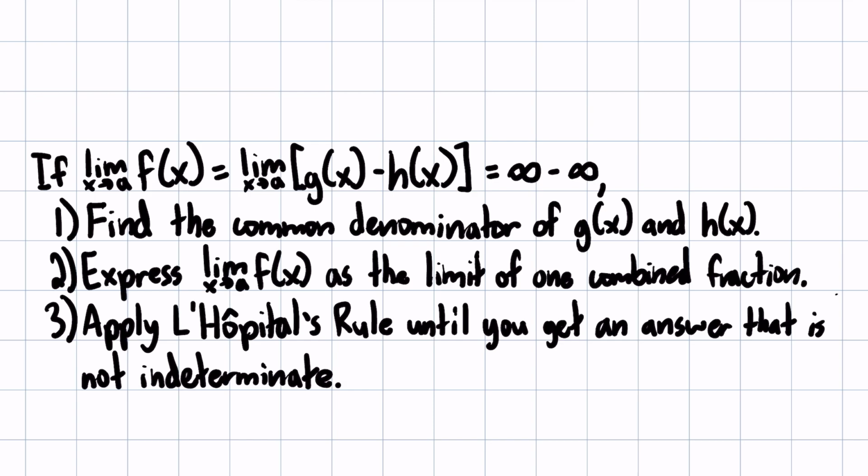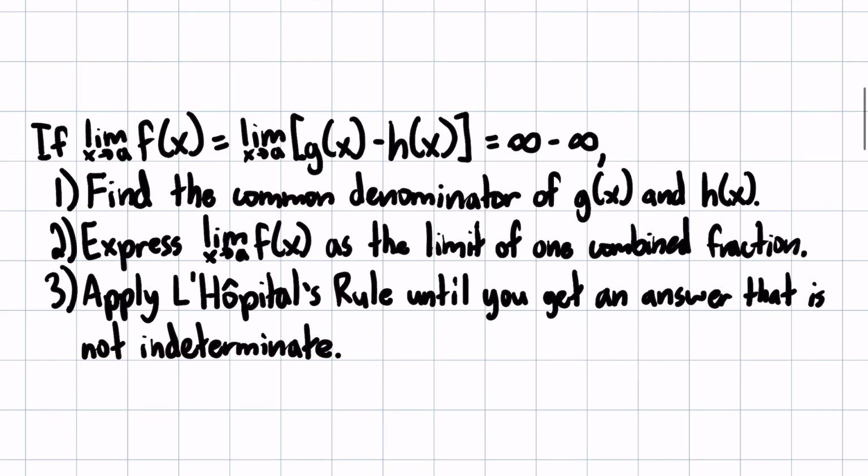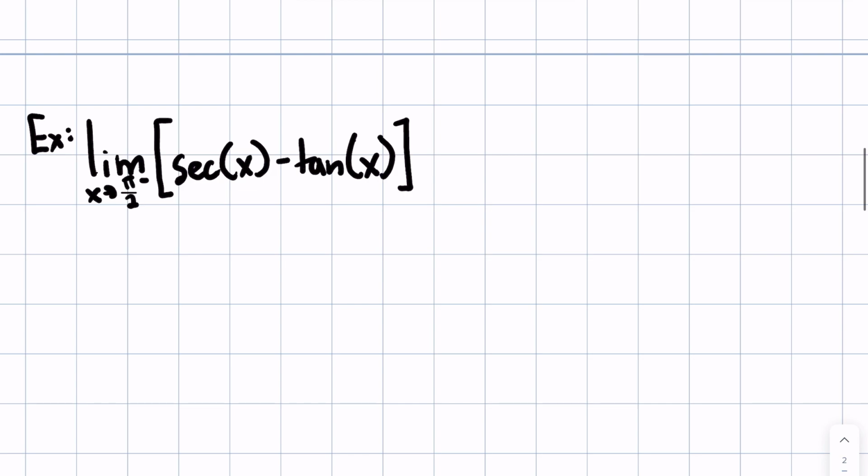The next step is to use that common denominator to combine the two functions into one function that is a fraction. And then step 3, we're able to apply L'Hopital's rule as many times as we need to until our answer is not indeterminate.